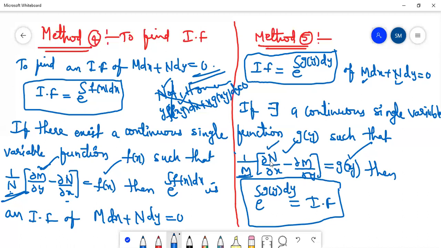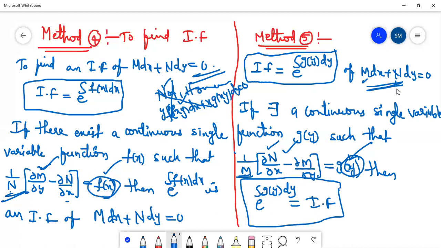After division, we get only a single variable, either f of x or g of y. The integrating factor is the exponential of the integral of that function. That is an integrating factor of the given first order, first degree non-exact differential equation.